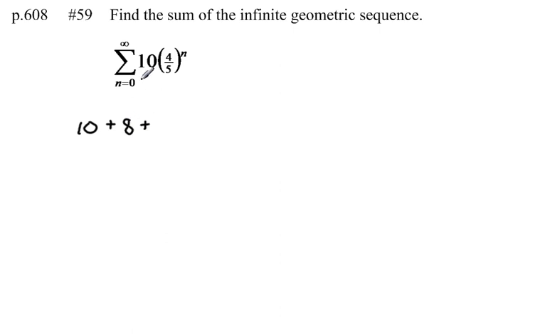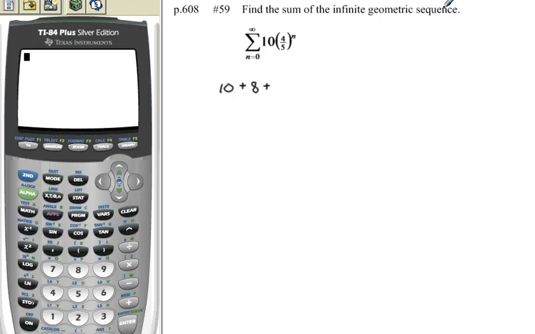Plus, now we plugged 0, we plugged 1, now let's plug 2 in here. If I plug 2 in place of n, I get 4/5 to the second, which is equal to 16 over 25, times 10. Let's get out our calculator to find that. So I have 10 times 4/5 to the second power.